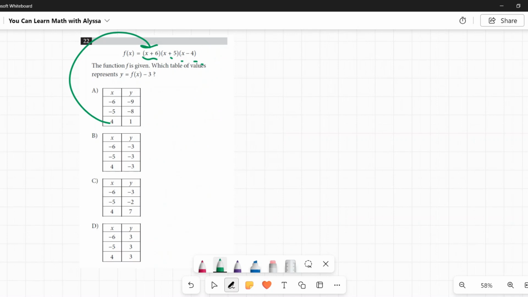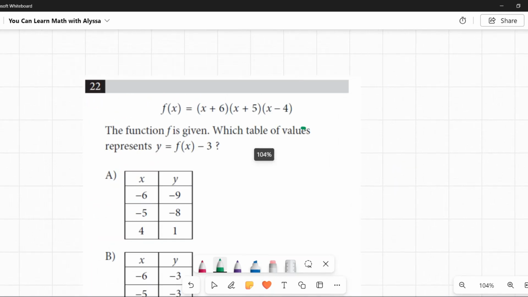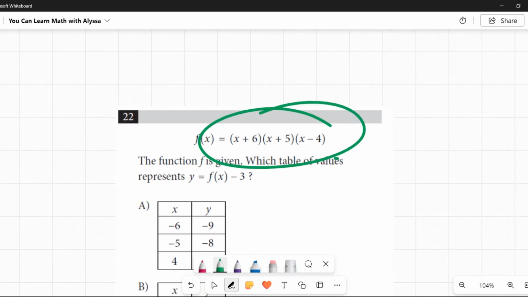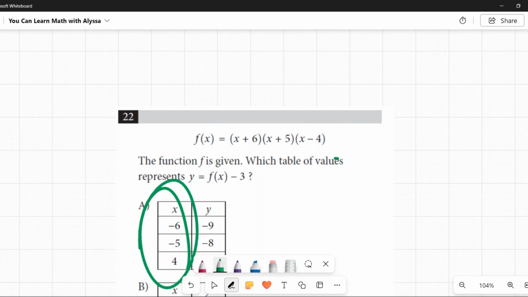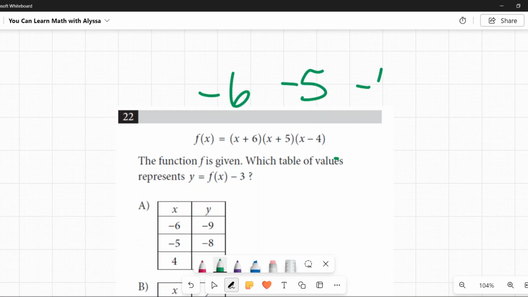There is an extra little trick for this particular one. If you look at it, you might have a little eureka moment. Look up here. We've got x plus 6 times x plus 5 times x minus 4. And they're asking to plug in negative 6 or negative 5 or, excuse me, positive 4. That makes a huge difference here.